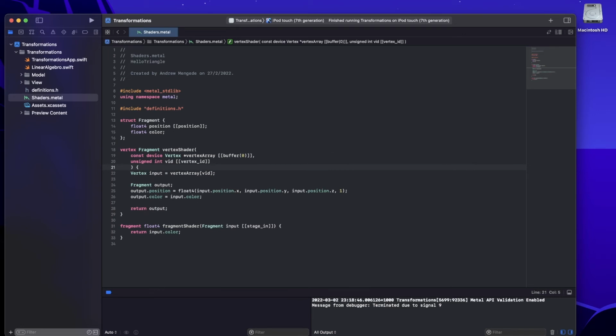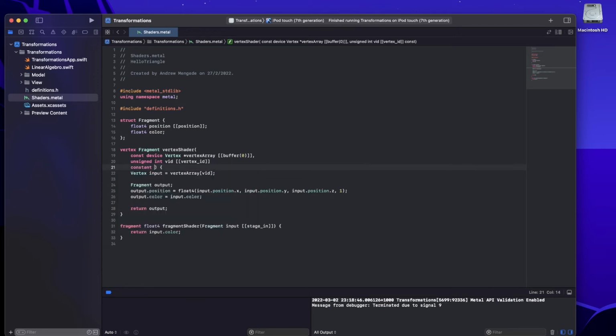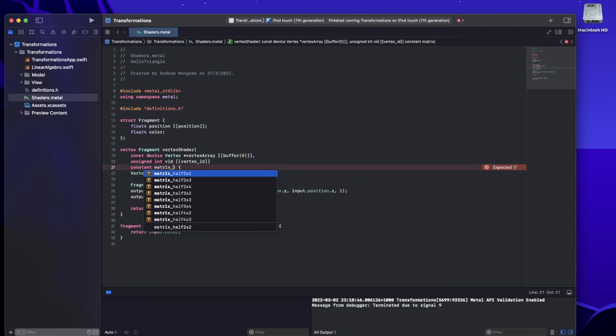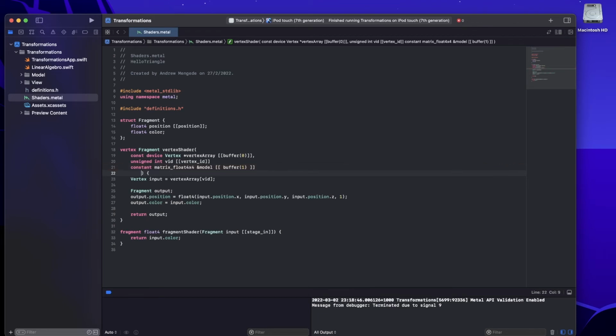Okay, so the first thing I want to do is pass in a model transformation. Model transformations will be passed in once per object. So I'm going to make them a parameter here. We're going to pass them in by kind of setting some bytes, which we'll get to in a second.